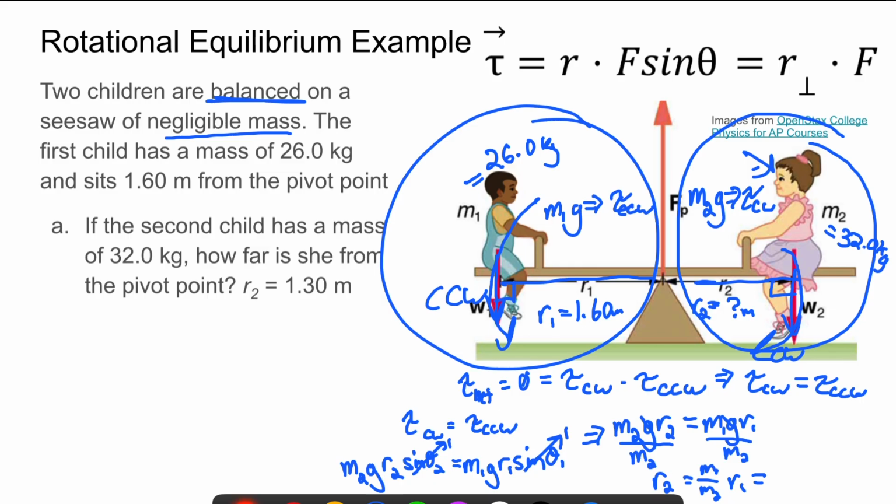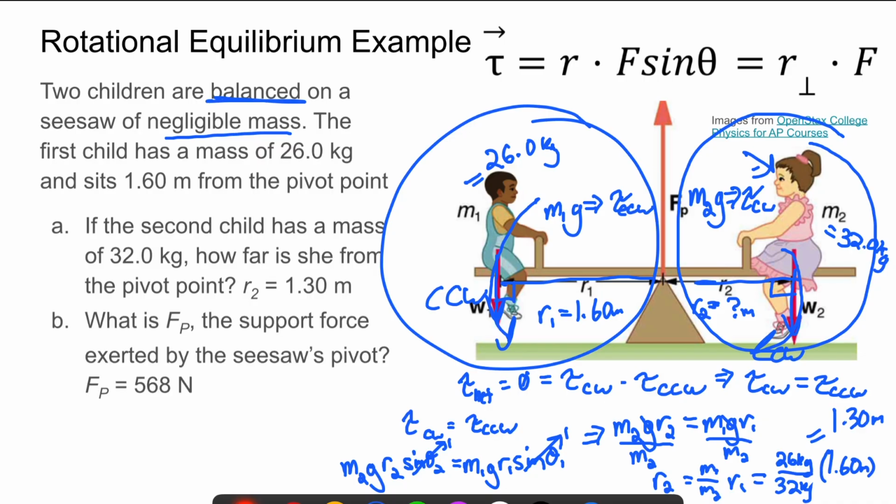And we get a nice ratio there of our masses. So child 1's mass divided by child 2's mass, and then times the radius of child 1, 1.60 meters. And from that, we can get an answer of about 1.30 meters if we plug that into our calculator.